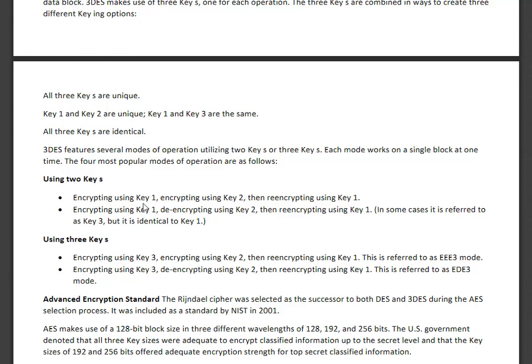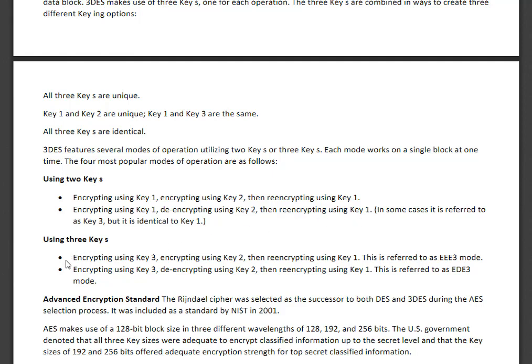In the first process, encrypting is done using key 1 and then key 2 and then re-encrypted using key 1. It could also be performed encrypting using key 1, decrypting it using key 2, then re-encrypting key 1.